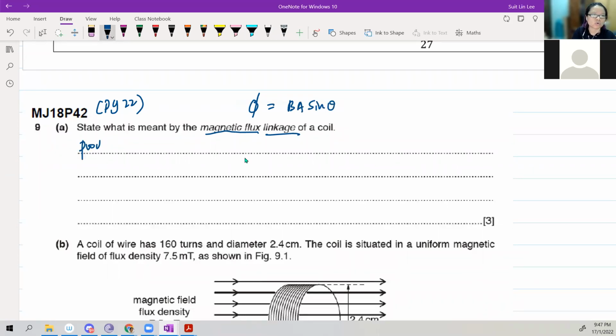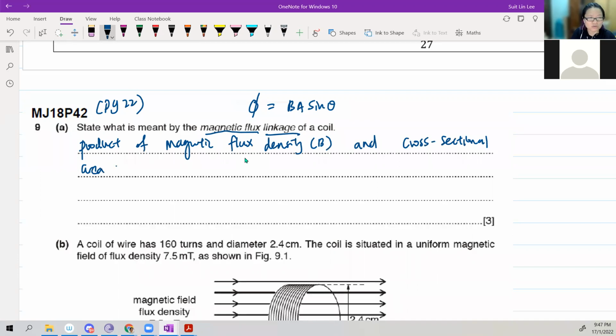So right now, product of magnetic flux density B and cross-sectional area.